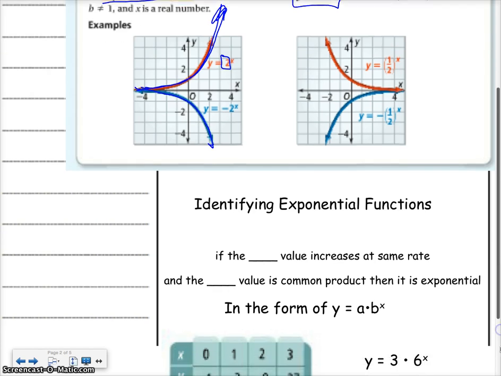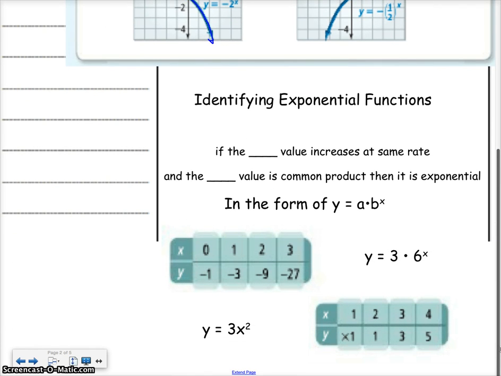All right, so part of identifying exponential functions from a table or an equation. You want to see if the x value increases at the same rate. The rule for the x value is see if you add or subtract the same number all the time. Write that down. You see if you add or subtract the same number all the time.